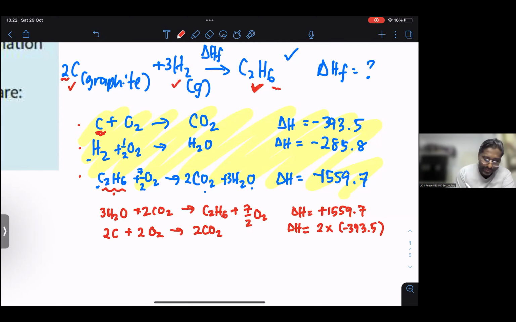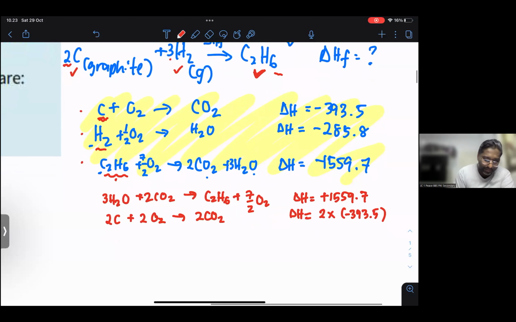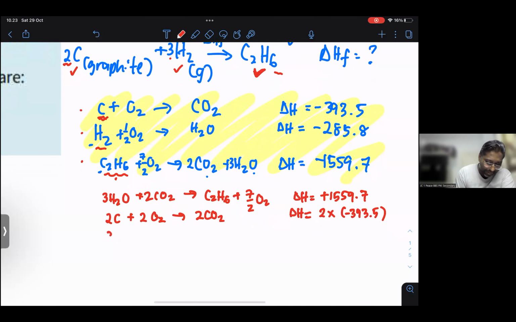So look for the hydrogen from the equation again, and I found out the hydrogen is here, but I need three. So I no need to change the position, but still need to times by three. So 3H2 plus 3 over 2 O2 to give me 3H2O, which is now my delta H is going to be 3 times negative 285.8. Okay, so you have this, yeah.